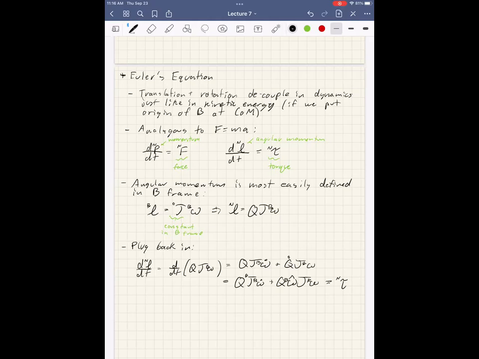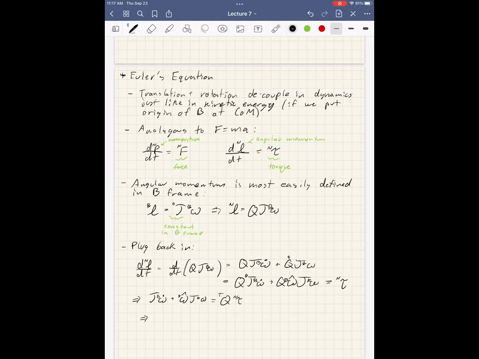So now what I'm going to do is just pre-multiply everything by Q transpose. So Q transpose, this is going to go away, and I'm going to get a Q transpose here, right? So this is now J omega dot plus omega hat J omega equals Q transpose torque in the N frame, which if I simplify this down, this is just rotation from inertial to body.